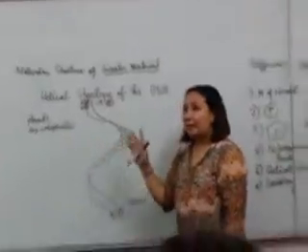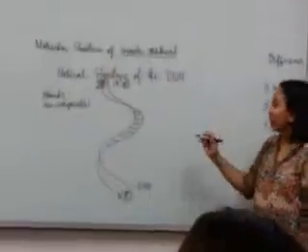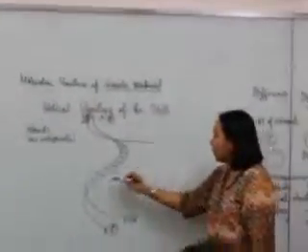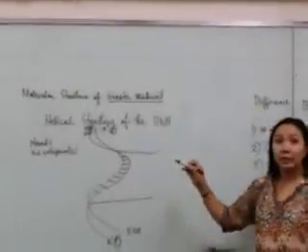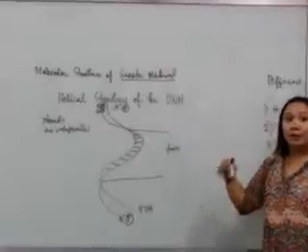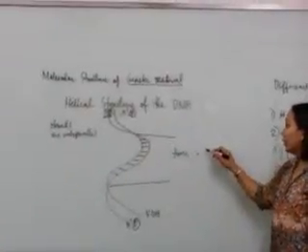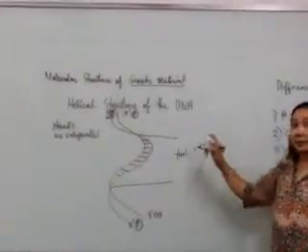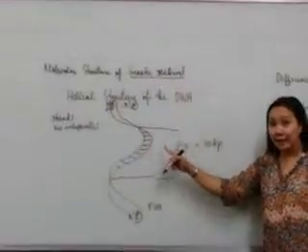The next thing to remember with regards to the helical structure is that you would notice that there would be turns. Okay? So we call this one a turn. For each turn, there are 10 base pairs because this is double-stranded.